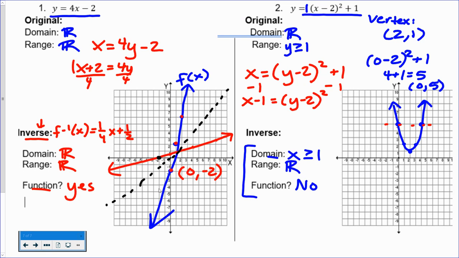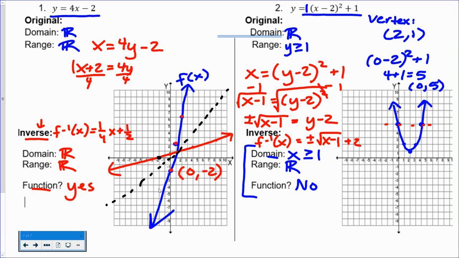So you must actually take the square root first to undo that it's being squared. Then we need to remember there are 2 values, so both positive and negative go in front of your radical. And then I've got x minus 1 equals y minus 2. So I'm going to have plus or minus the square root of x minus 1, and then I will add 2. And that would be outside of your radical.